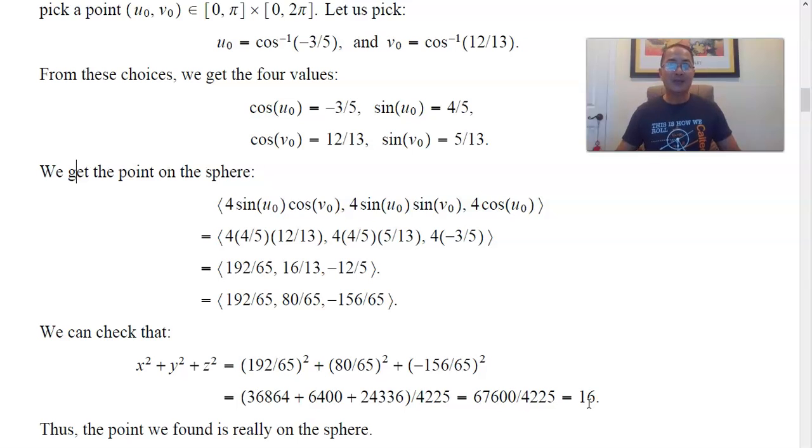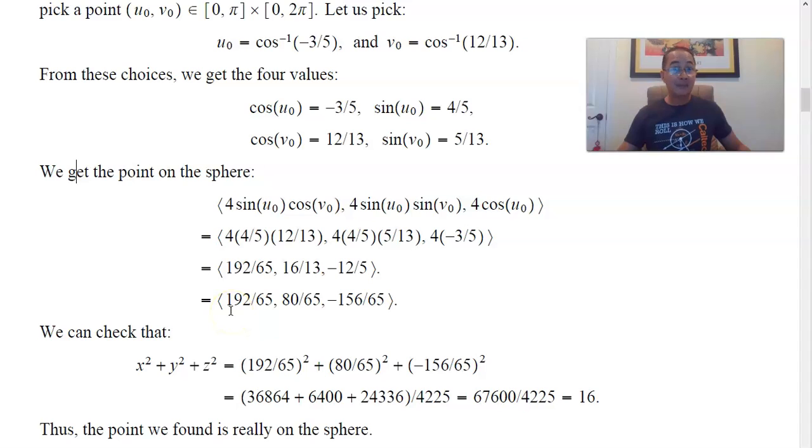It's x squared plus y squared plus z squared equals 16. So it doesn't matter what order these three numbers are, and it doesn't matter if it's plus or minus. We can play with the signs as well. So I decided I am going to make a new x coordinate of 156.